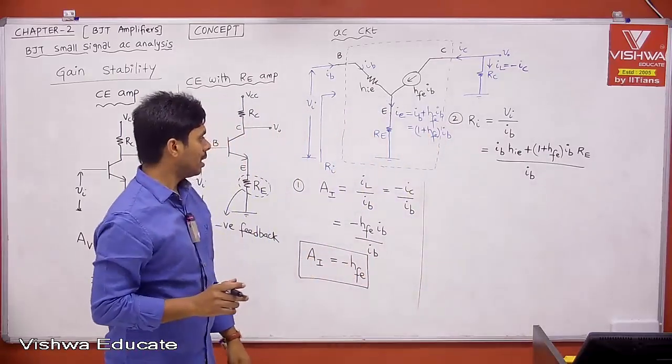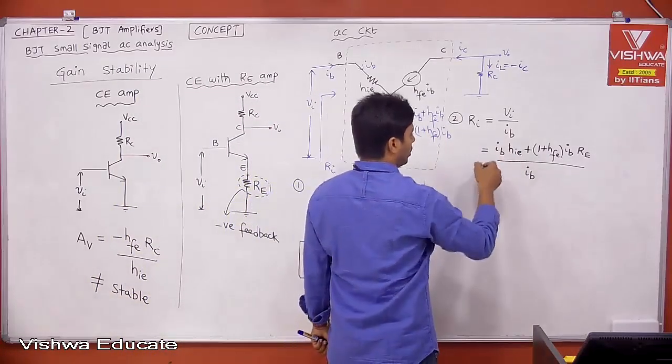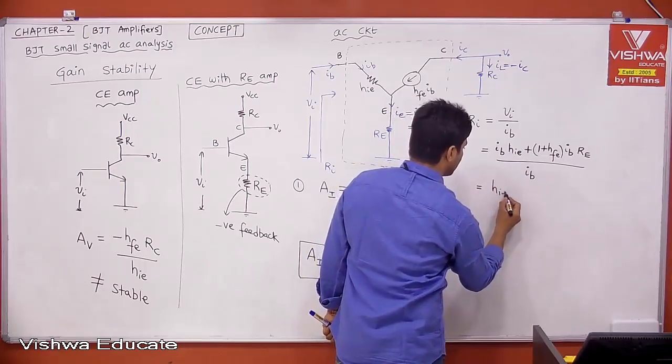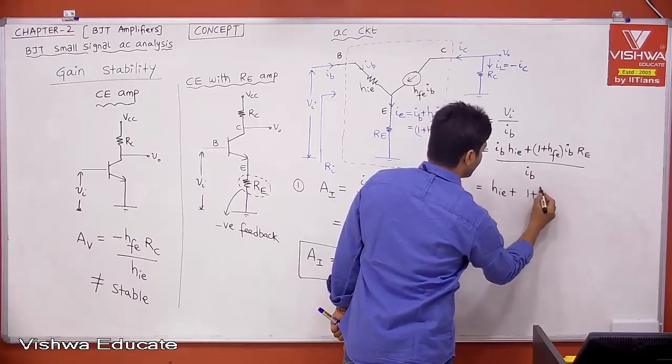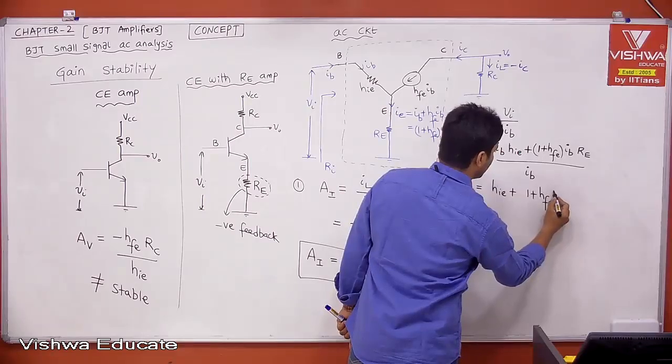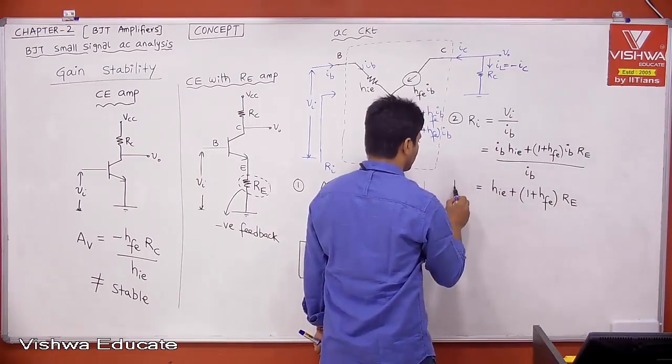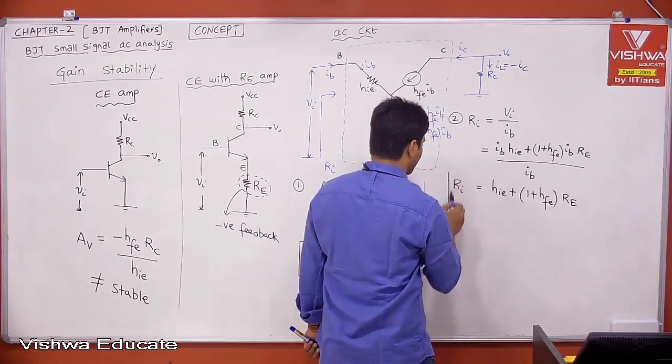Now IB, everything will be cancelled. Then it is simply hie plus 1 plus hFE into RE. This is your input impedance.